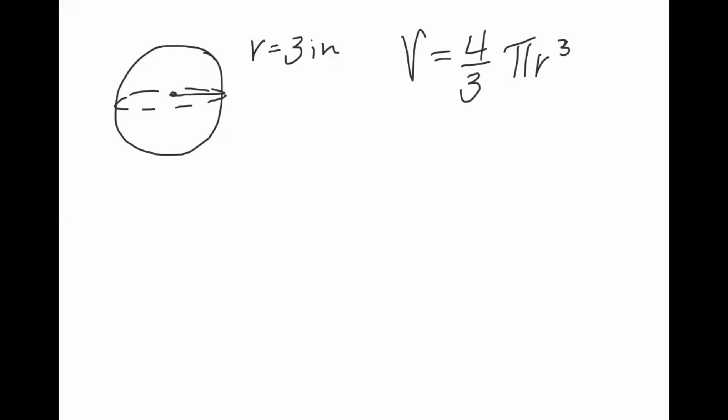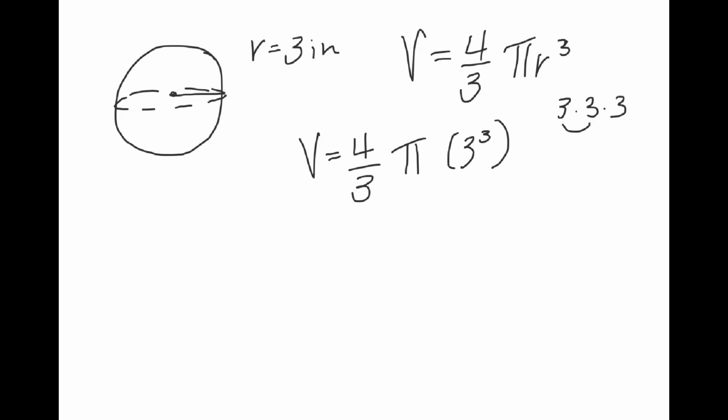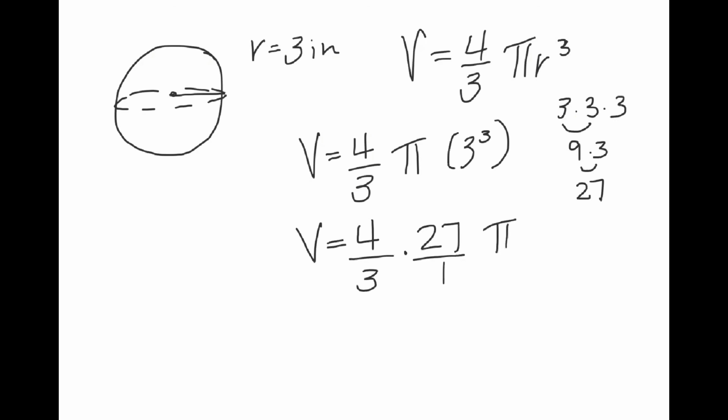Okay, I'm ready. So volume equals 4/3 pi 3 cubed. So 3 times 3 times 3. This is 9 times 3, 27. So 27 times 4, 8, carry the 2, 8 plus 2, 10.